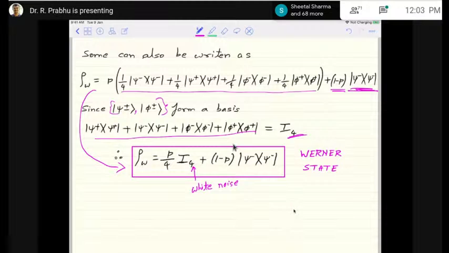The importance of this mixed state definition can also be emphasized here. Physically, when you try to create a quantum state in the lab, say you are trying to generate a Bell state psi minus, you know that the quantum state will always be disturbed by its environment.